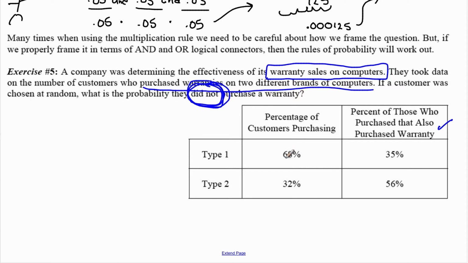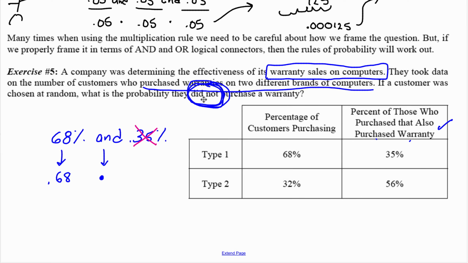So for type 1, 68% of the people purchased type 1, and 35% purchased a warranty. So I'm going to stop right here, and I'm going to go, well, 68% is 0.68, and means multiply, but I'm actually going to change this number, because remember 0.35 is how many who purchased the warranty.